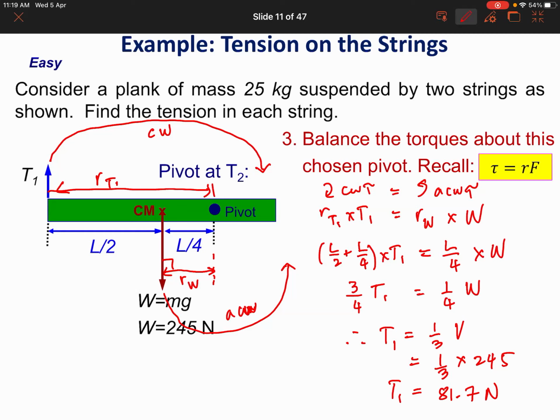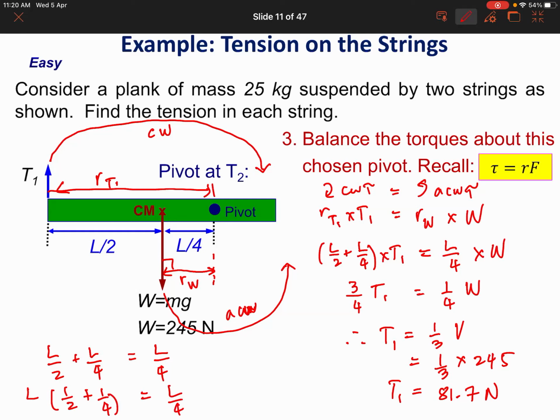Okay, for the L's, so L/2 plus L/4. Let's just remove the T's and W's and just work with L's. L appears in these two terms here, so we can factor L out, and that will just be 1/2 plus 1/4.